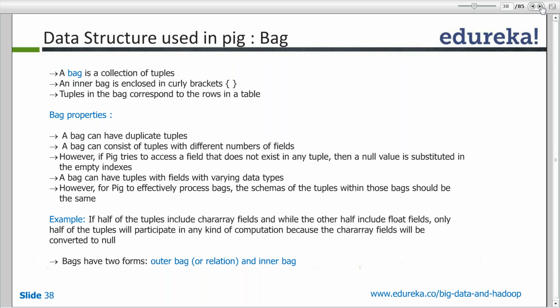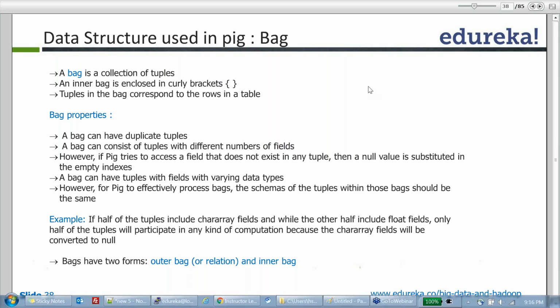If you talk in terms of operators available in Pig, for example group by, filter, foreach generate, which we saw, these are very few. The list is very small. So comparatively, using Pig is very simple once you get what data types there are and how Pig uses these data structures.